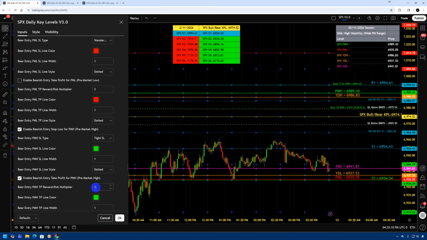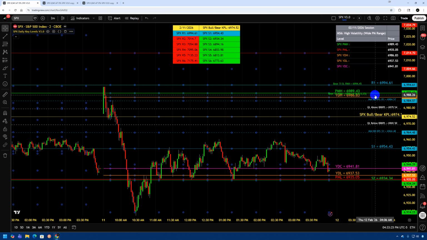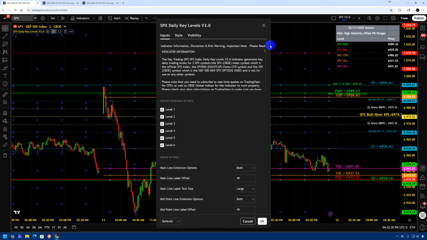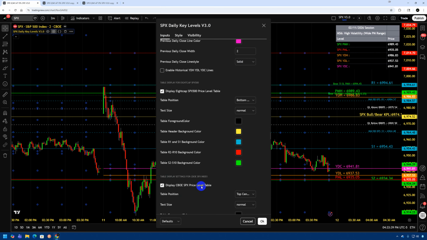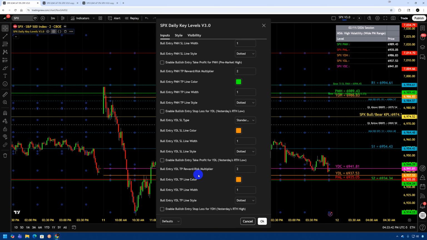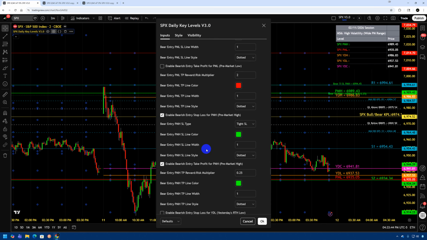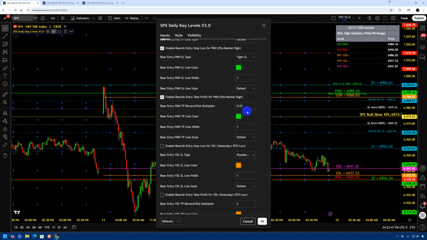So the default is 2 on the reward risk multiplier. You can set it anywhere from 0.25, which would be a very small scalp. So we'll see how that pans out here. As you can see, that's an extremely small scalp amount. So 0.25 means that it's only going to be a quarter of the distance of the stop loss that you've chosen. 0.5 would be half.